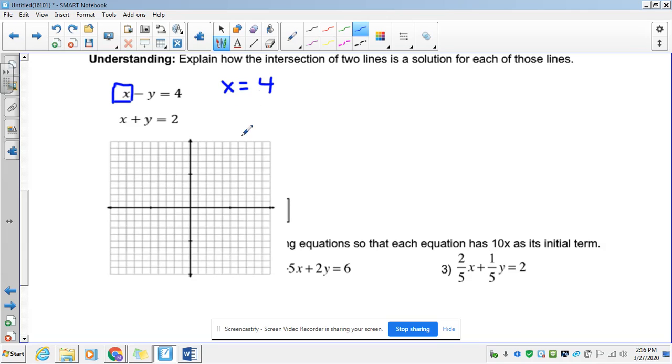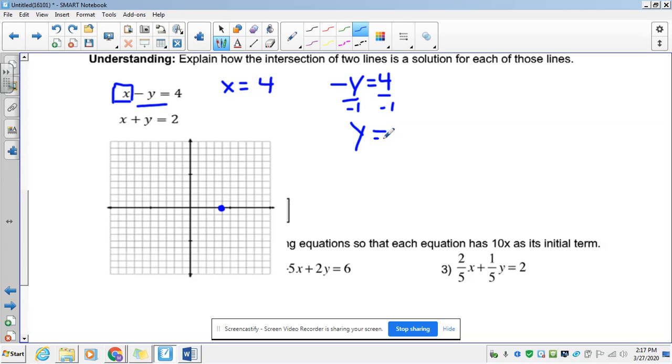And that is 1, 2, 3, 4. And then you have a negative y equals 4. And divide by -1. And that is y equals a -4.